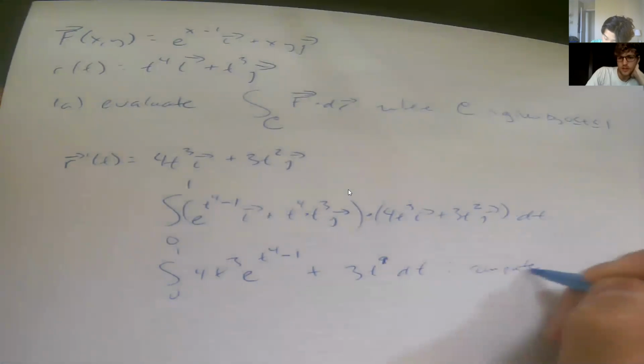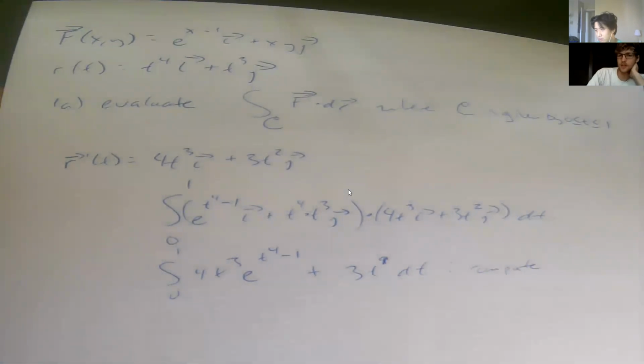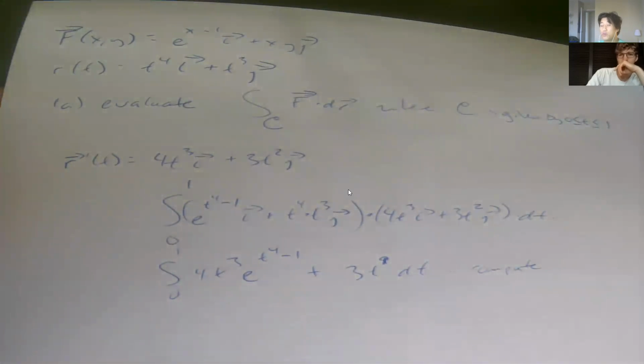I have a question. Yeah. Why exactly do we dot r prime of t with f of r of t? I remember we talked about it last class, but I'm just curious as to why we dot it. Well, when we talked about work at the beginning of the semester, what is work? Work is the force dotted with the displacement vector. Right?